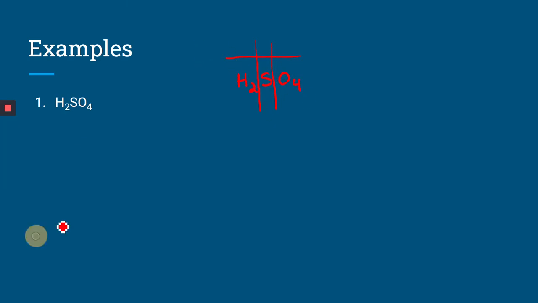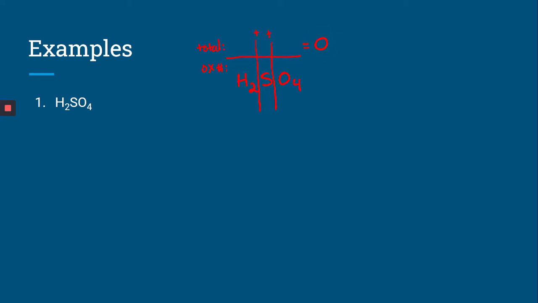At the very top, we put the total, and the oxidation state right above the element. We would add these 3 numbers, and they would have to equal either 0 if it's a neutral compound or the charge if it's a polyatomic. Because there's no charge on this compound, it has to equal 0 because it's neutral.